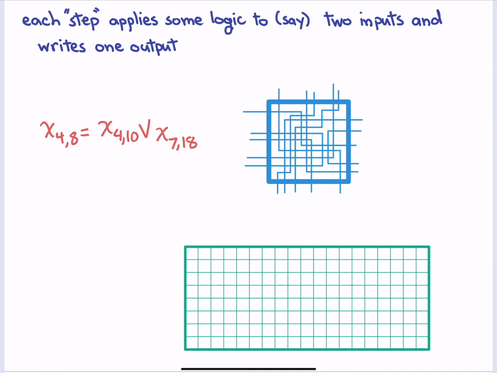So roughly, if I went to row 4, and I can't count to 10, but 1, 2, 3, 4, 5, 6, 7, 8, 9, 10. Okay, so this might be x410. It goes into the CPU, and we have 7 and 18. 1, 2, 3. Okay, so maybe in one step you'll read in 2 bits of data, and it gets written out to something like that. Okay.